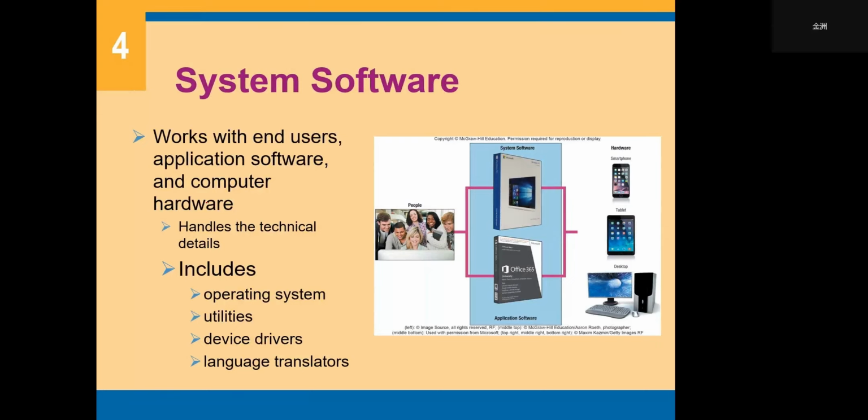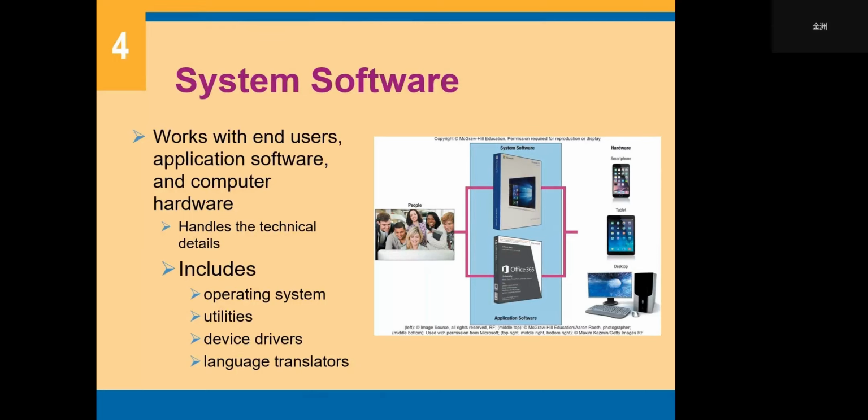It's not a single software or single program, but it is a collection of programs that can handle hundreds of technical details. It interfaces with the user, applications, and the hardware, okay? So it works like an interpreter between the user and the hardware.